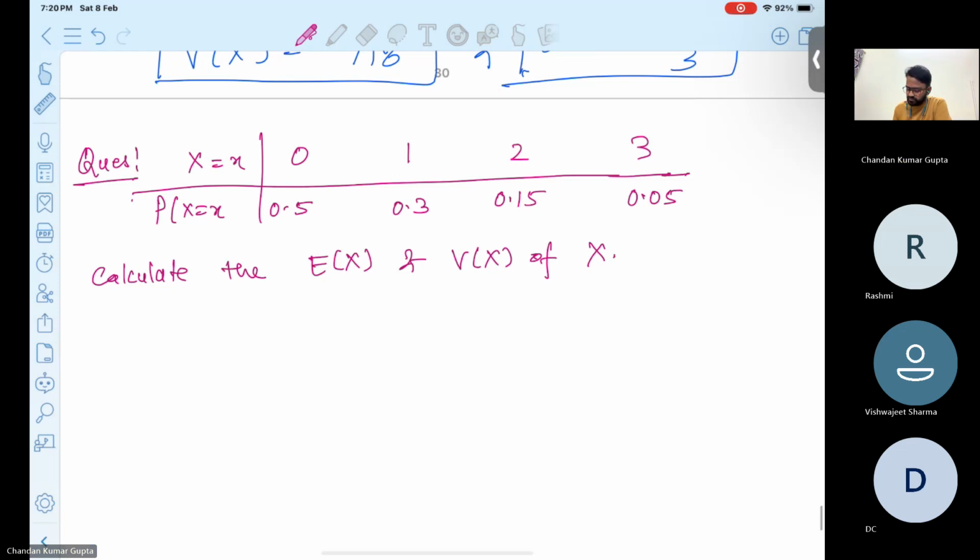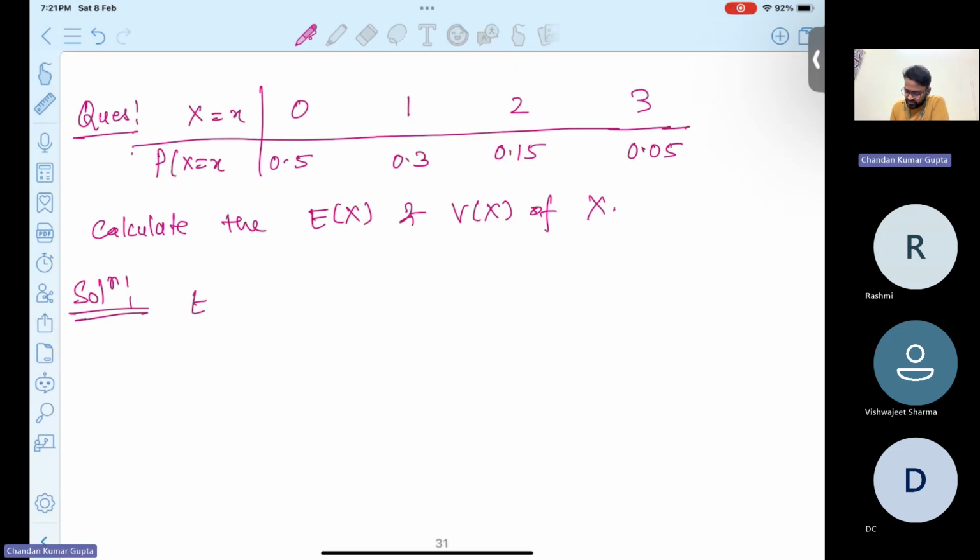Okay, so again, the expectation of x will be defined as, since it is a discrete random variable, so we may write the sum over x from 0 to 3, x into probability that X equals x.